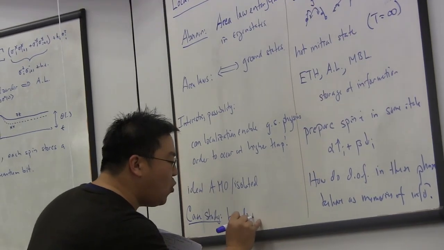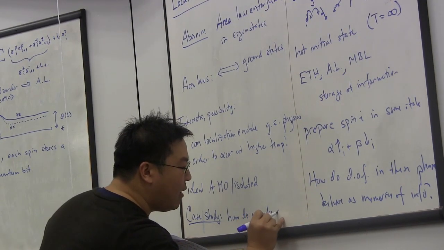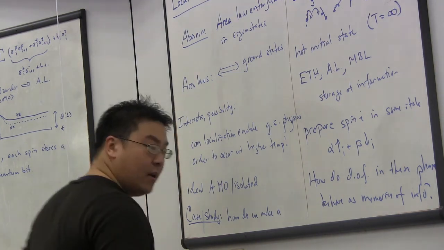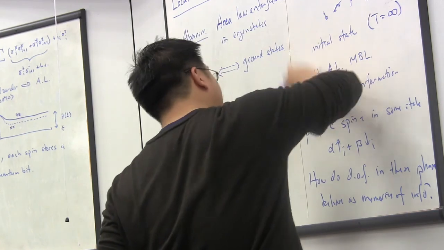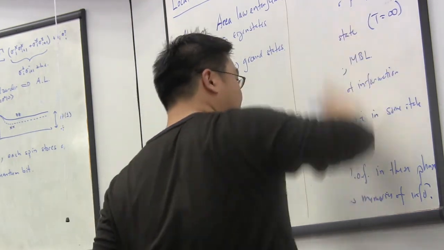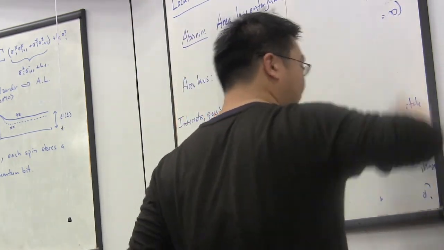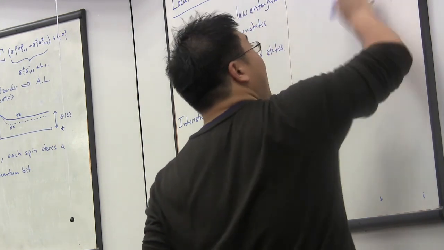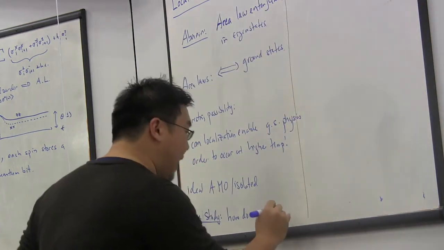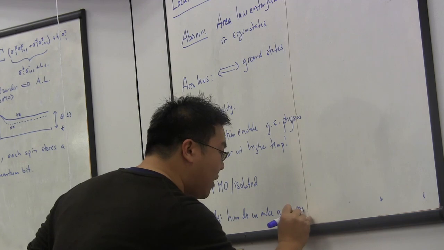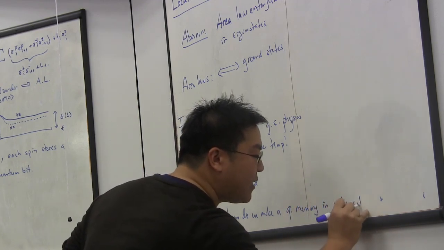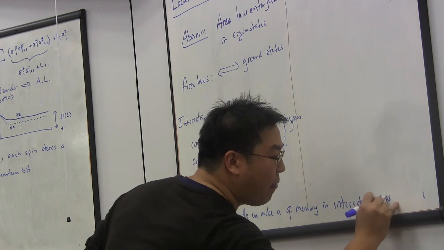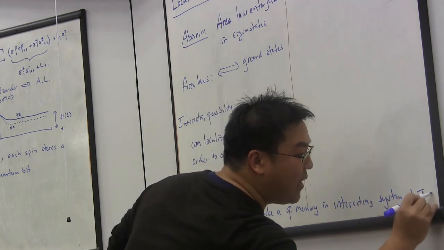How do we make a quantum memory in an interacting system at infinite temperature?